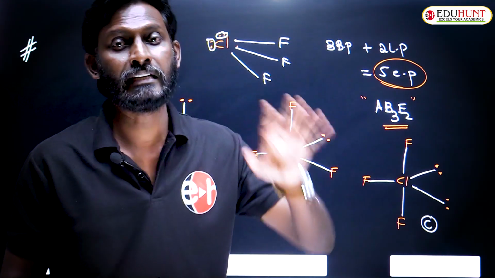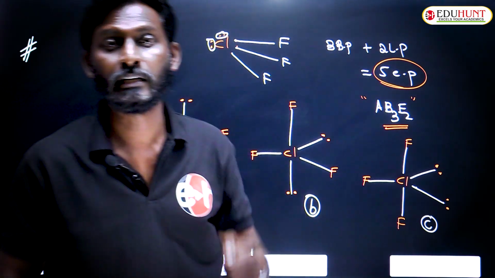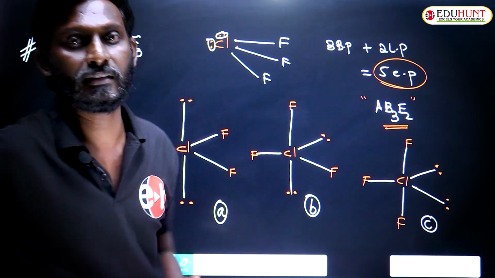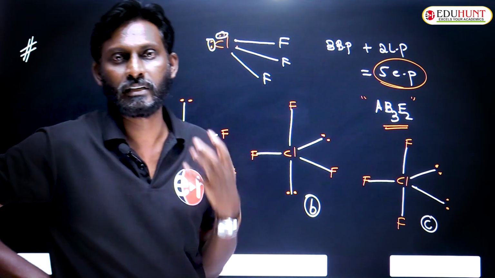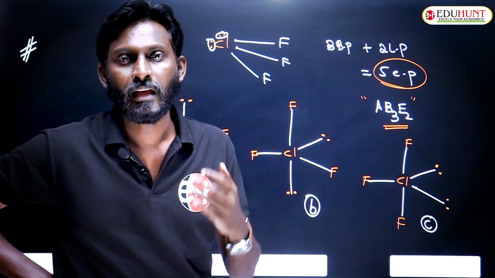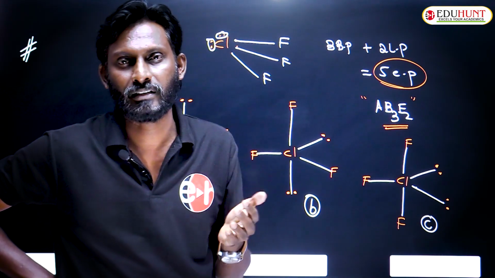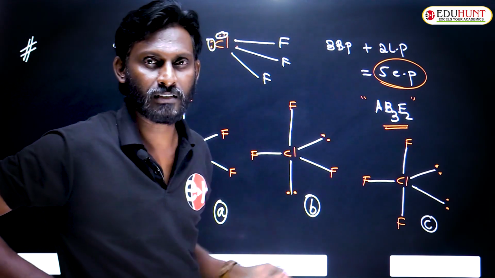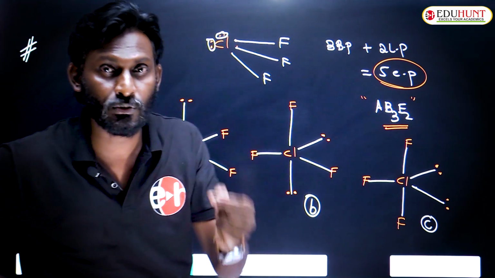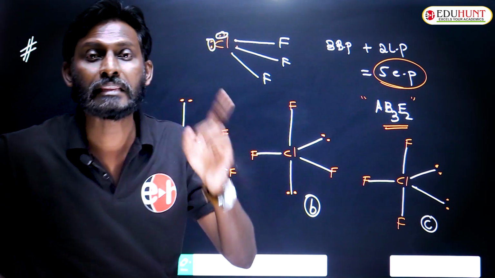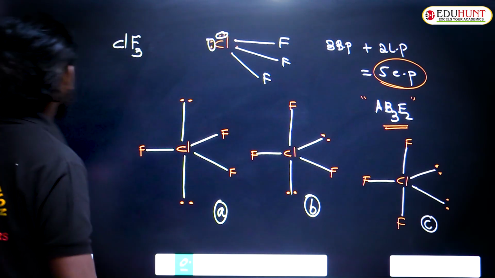But in real life, which geometry exists depends upon their stability. So, what is stability? Simply you can say, having the minimum possible energy is the stable state. Among these 3 structures, the structure with the minimum energy is most stable.